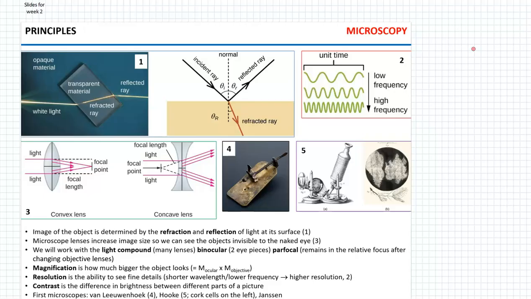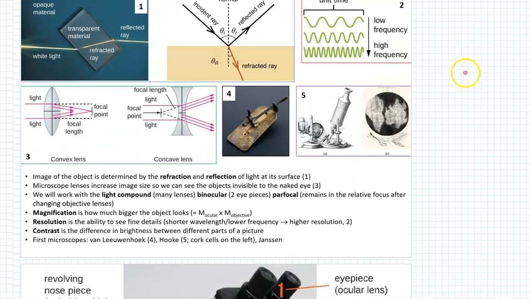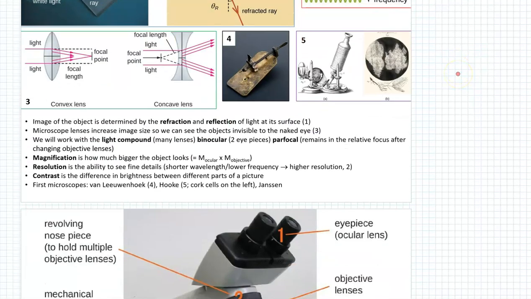Such as reflection and refraction and things like that. What I want you to understand in terms of microscopy, light microscopy as a method, is that, first of all, we do use refraction and reflection of light. We use a system of mirrors and lens.